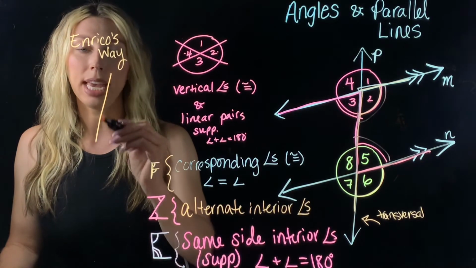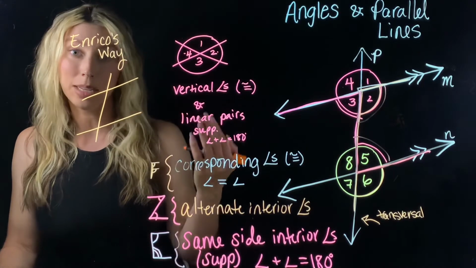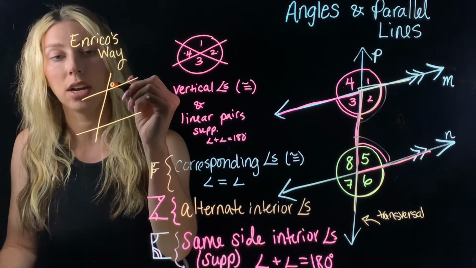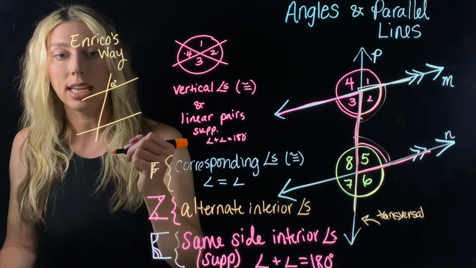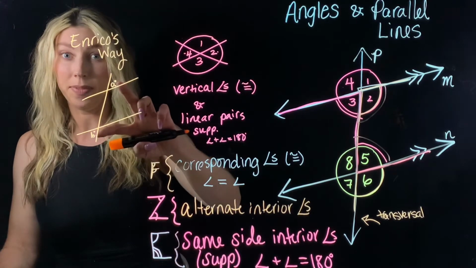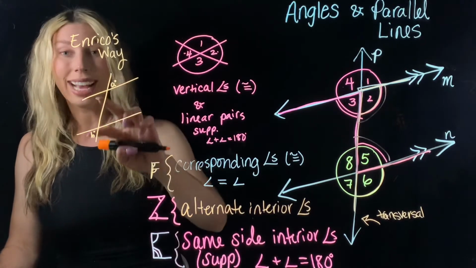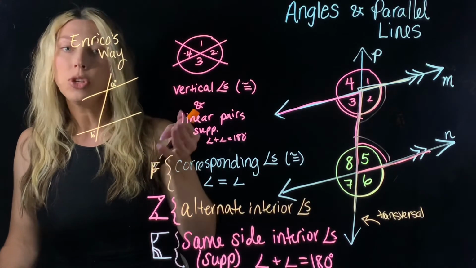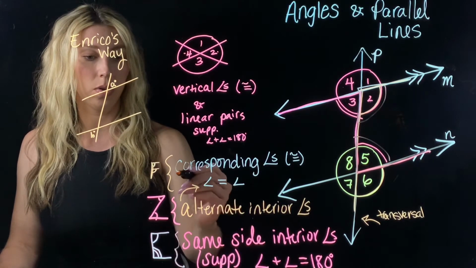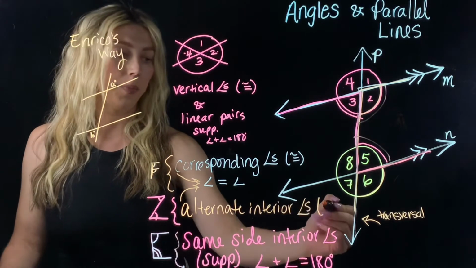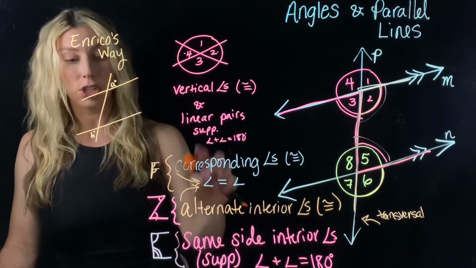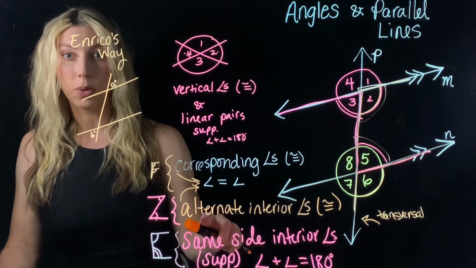So whenever he had a problem and they asked him to solve for a specific angle measure, let's say they gave him an expression here for angle A and an expression here for angle B. I didn't talk about the name of this pair. This is alternate exterior angles. But instead of memorizing the specific rules, so alternate interior and corresponding are both equal, same side interior are supplementary, and alternate exterior, just like alternate interior, are also congruent to each other.